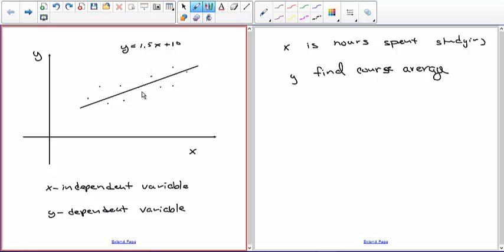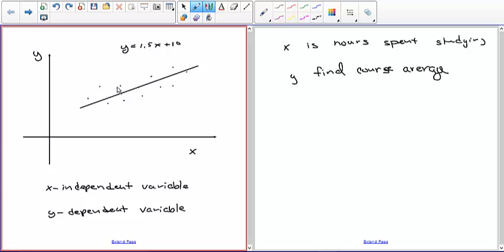Yeah, that's why it doesn't have a perfect curve, because there are other factors that affect your final course average besides the number of hours studying. One is maybe it's a multiple choice test and you get lucky. Maybe you're super smart, or maybe you're just more efficient at studying. There are a lot of factors besides just hours. That's why you end up with what we would call scatter.